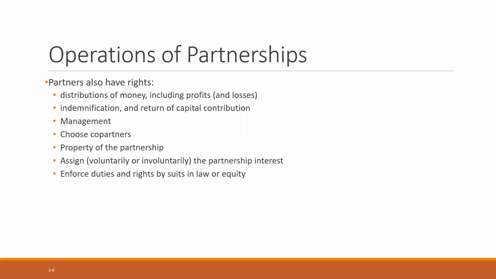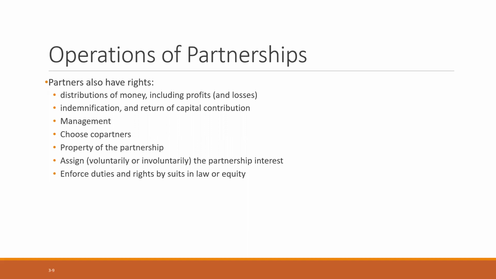And let's see. We are co-owners of the property of the partnership. If the partnership has $100,000 and there's 4 of us, then 25,000 of that sort of belongs to us. You know what I mean? Like if the business were to dissolve, we should get 1/4 of the assets of the business.